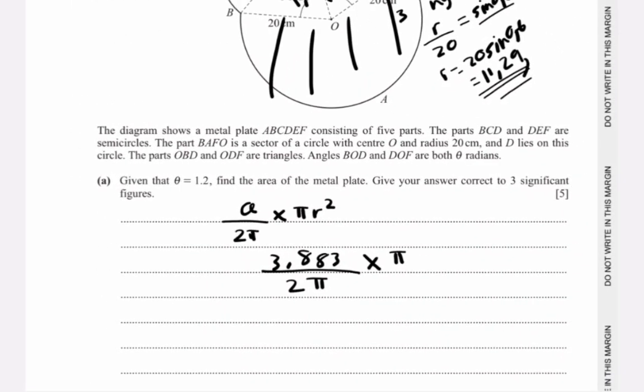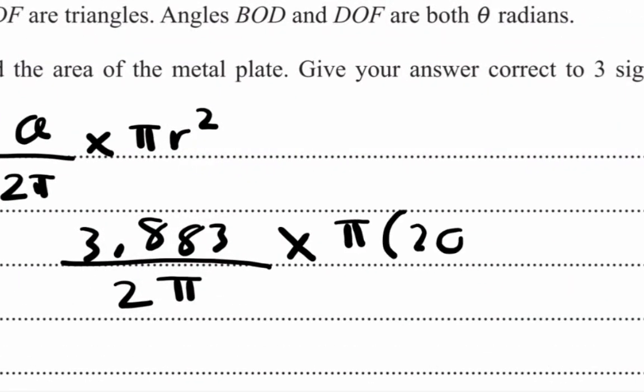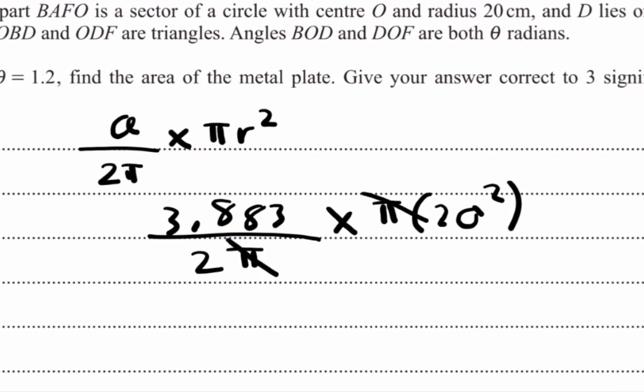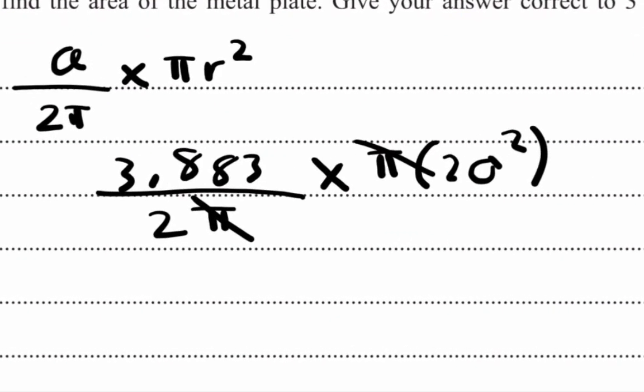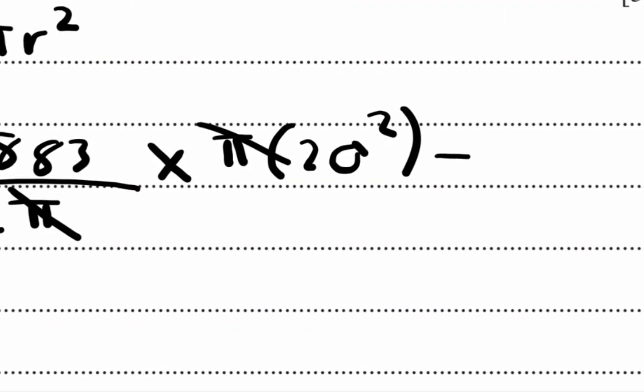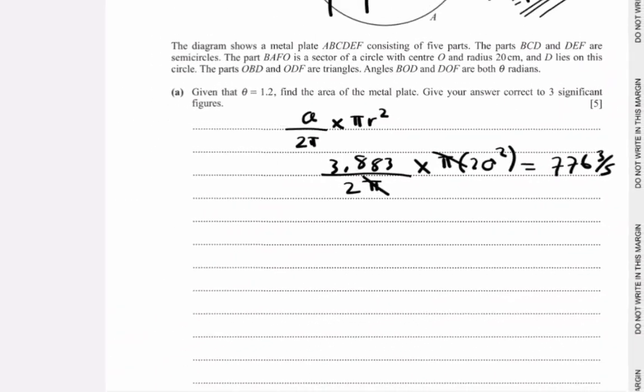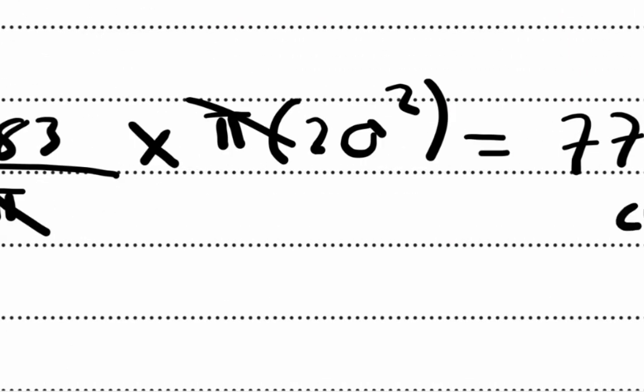Our r is 20, so that's 20 squared. You can see that the 2 pi's cancel out, so we are left with 3.883 over 2 times 20 squared, and that is giving us 776.3 square centimeters.